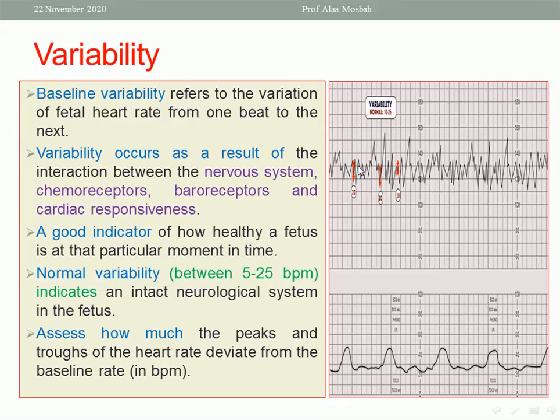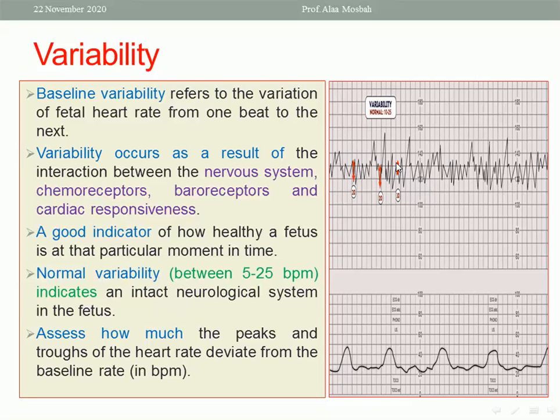As you see here, it is about 20, so it lies within normal. Why is it within normal? Because normal variability is between 5 to 25 beats per minute. So between 5 and 25, it is normal. Here the variability is 10, so within normal also.